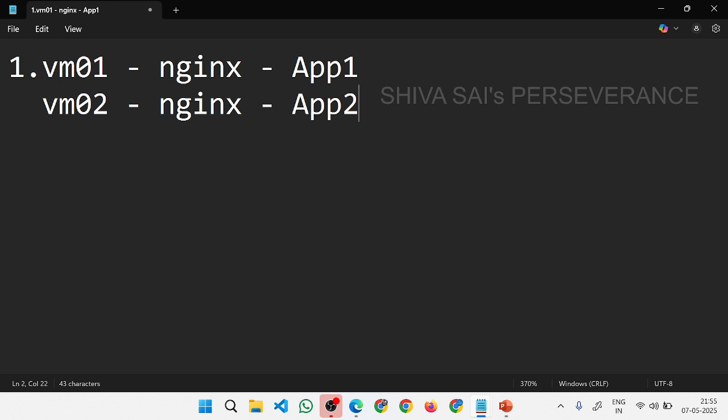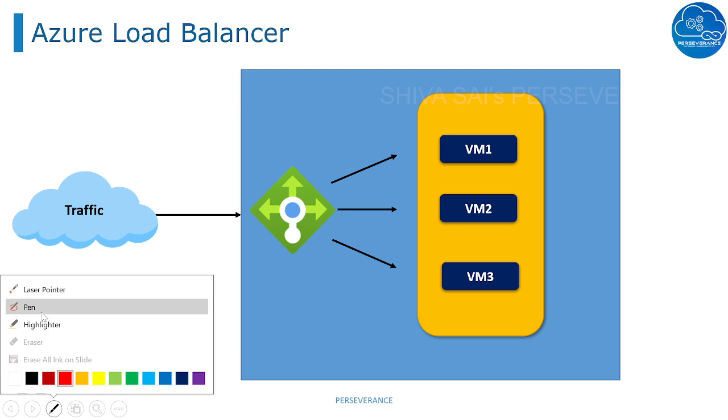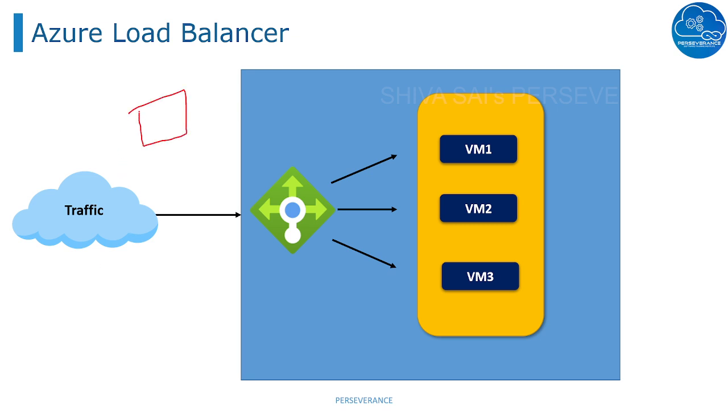All right, so this we should do. I already have VM01 and VM02 in place, but I need to install Nginx and configure it on both the machines. So this is step 1. And step 2, if you see this image, we have VMs created, and once we install Nginx on the 2 VMs, here we have app1, here we have app2, and we'll place a load balancer here like this, so that the connection comes to the load balancer.